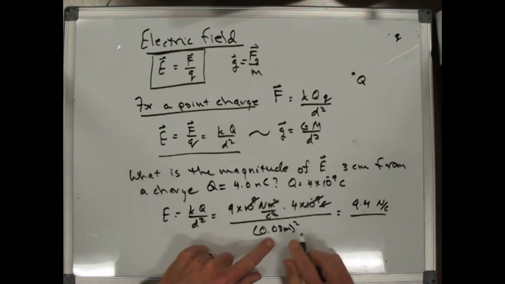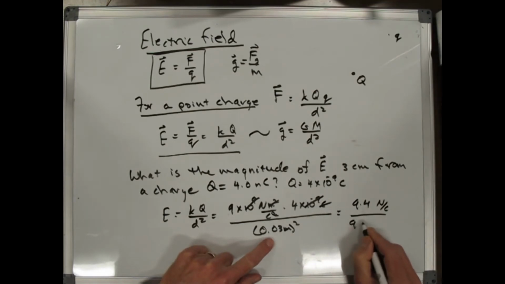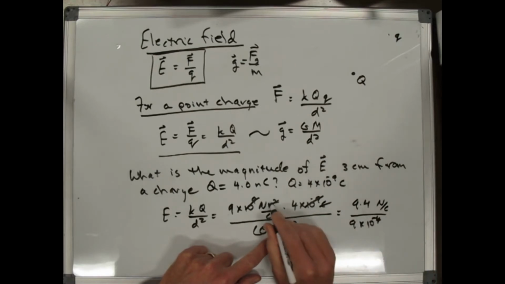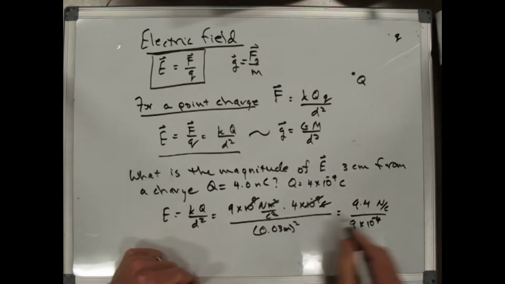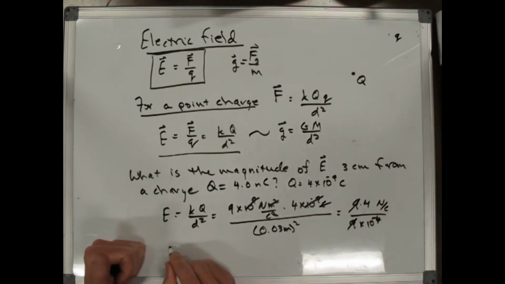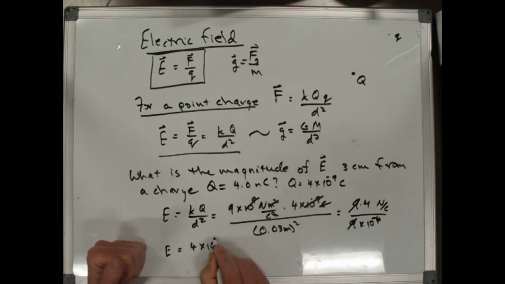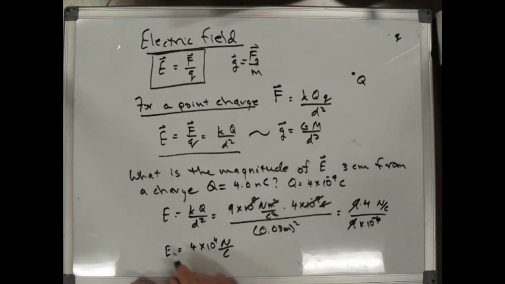And this 3 squared is 9, 0.03 squared is 9 times 10 to the minus 4. I've already canceled the meter squared units with the meter squareds in the numerator. My 9s cancel, and I get E is equal to 4 times 10 to the 4th newtons per coulomb. That's the magnitude of the electric field.